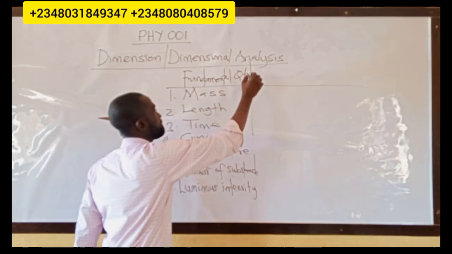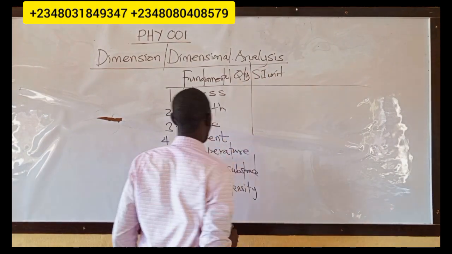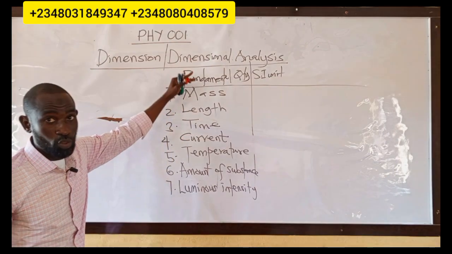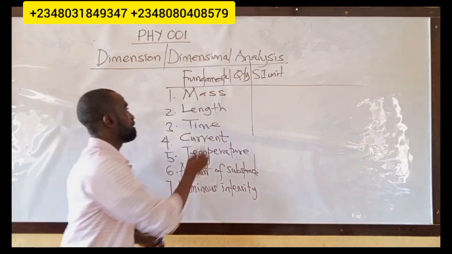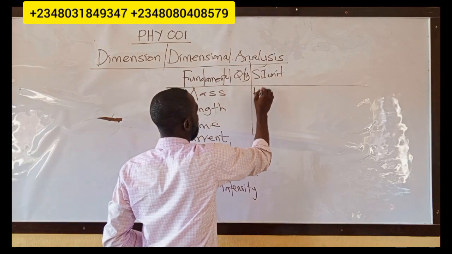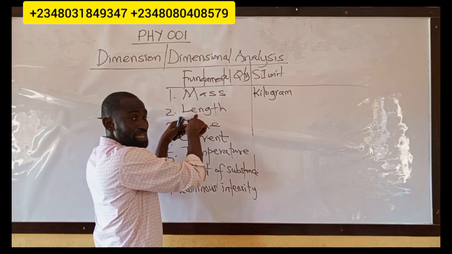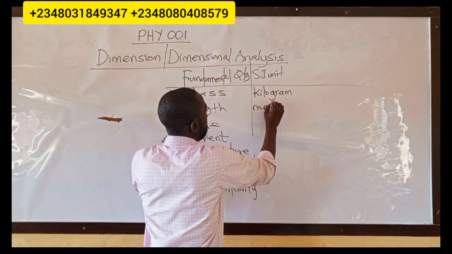So, what are the SI units of these fundamental quantities that we have in physics? The unit of mass is kilogram. The unit of length is meter.